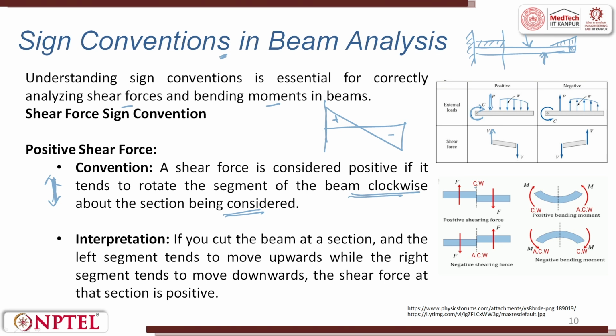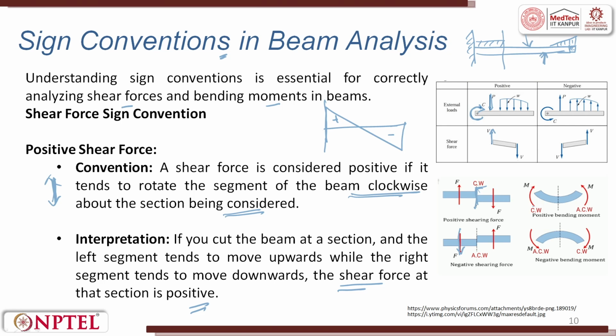So, you have a clockwise direction when you move, and then it is called positive shear force. Going back to the interpretation, if you cut the beam at the cross section and the left segment tends to move downward while the right segment moves upward, the shear force is said to be negative.